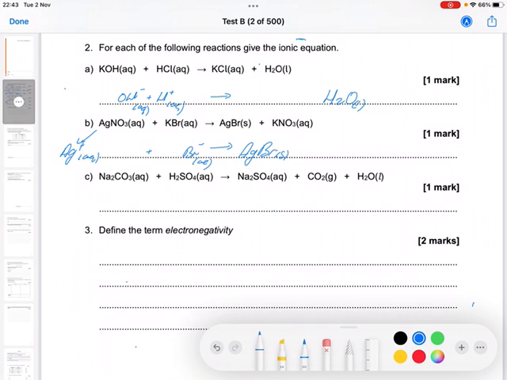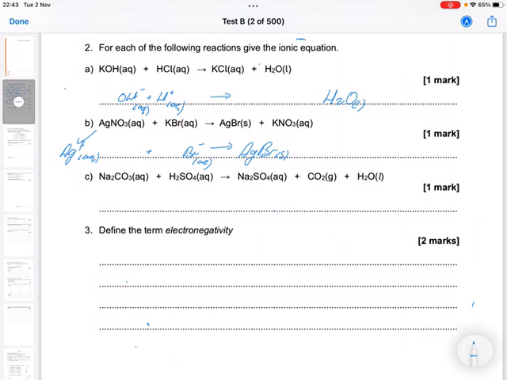Part C. So sodium carbonate and sulfuric acid. Sodium carbonate, that's ionic, and there are 2 sodium ions. So 2 Na plus aqueous to every 1 carbonate. Sulfuric acid, aqueous.